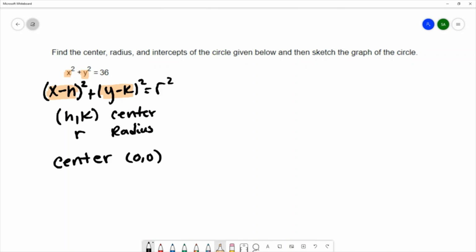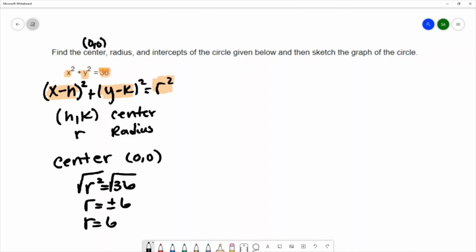And then we can see on the end, we have 36, which will represent r squared. R squared is 36, and we can square root both sides to get r equals plus or minus 6. The radius is a distance, so it'll be positive, so we'll use the positive 6 as the radius. So we have a center of (0, 0) and a radius of 6.